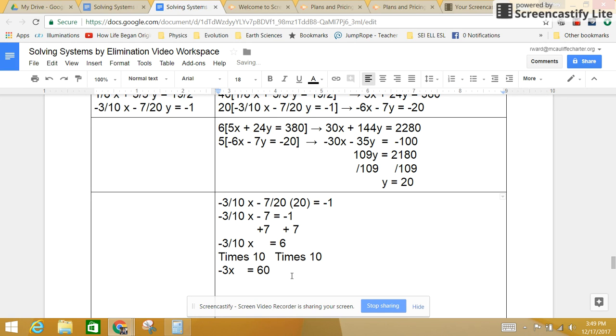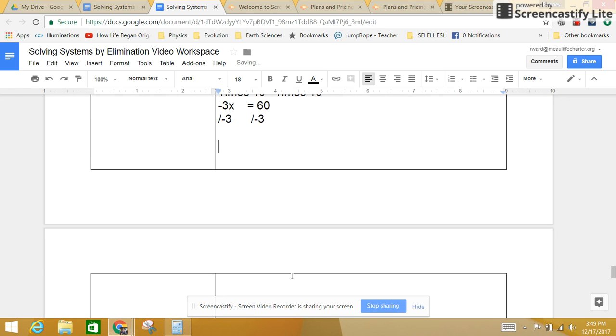Now I'm going to divide both sides by negative 3, and x will equal negative 20. My solution is negative 20, comma 20. Because x is negative 20 and y is 20.